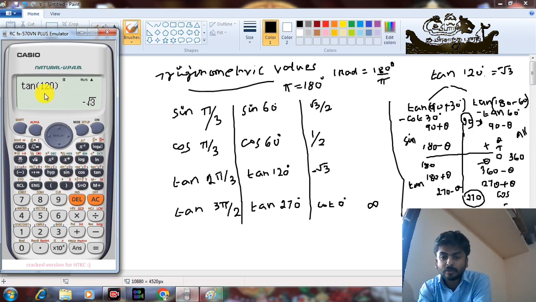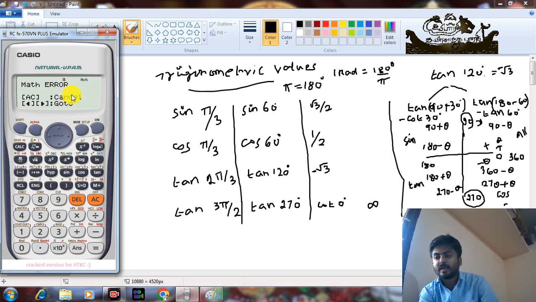Okay, so now tan 270. What is tan 270? Math error. Either you take it as tan 270 minus theta, which is cot theta, since 270 minus theta is cot theta. 270 plus theta is also cot theta.